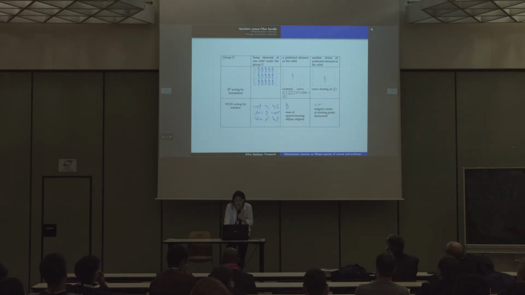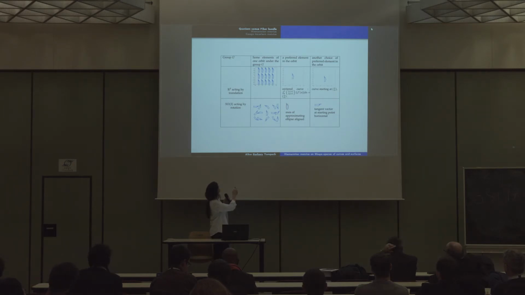So now I will make the distinction between quotient space and fiber bundle, a section of a fiber bundle. Here there will be a list of groups. The first column will be some elements of one orbit of the group.